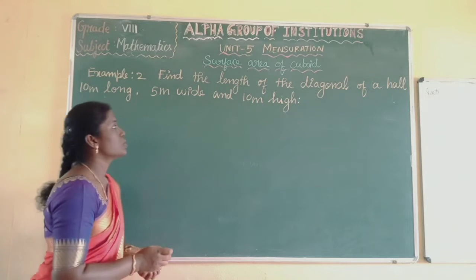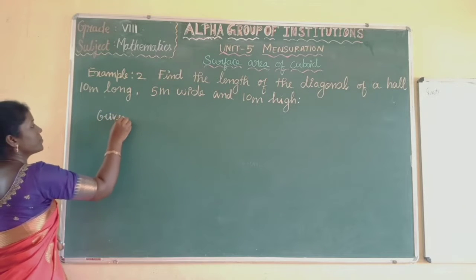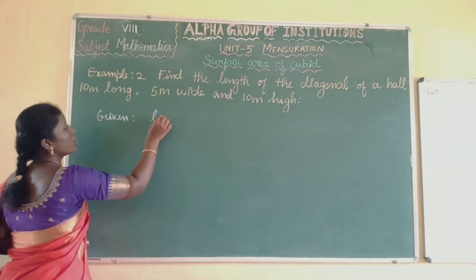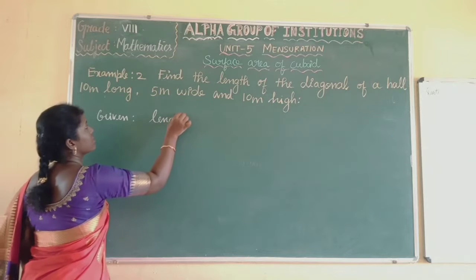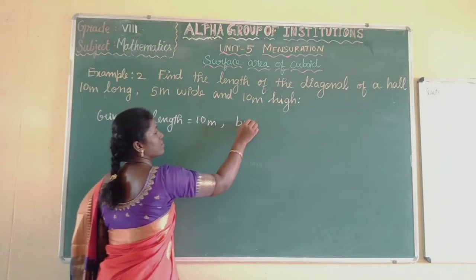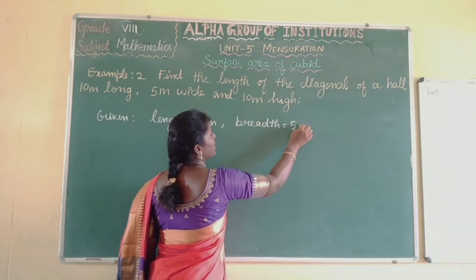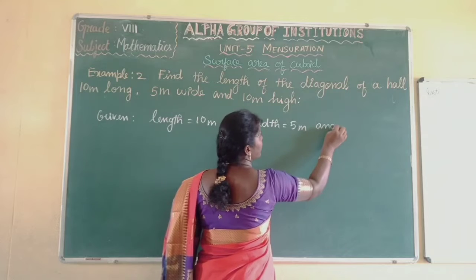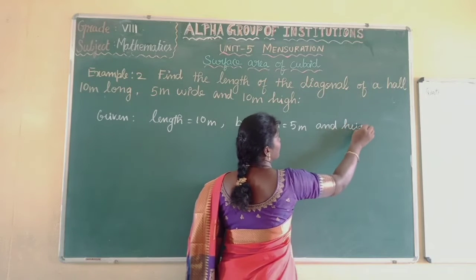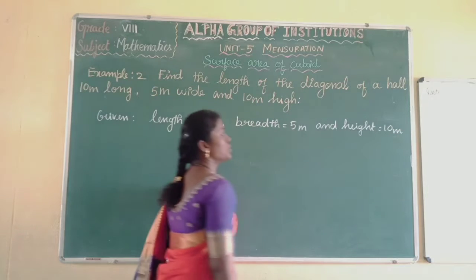Okay, here, so first write the given. So what are the given things here? Instead of long, we can take length is equal to 10 meter and breadth is equal to 5 meter. And height is equal to 10 meter.